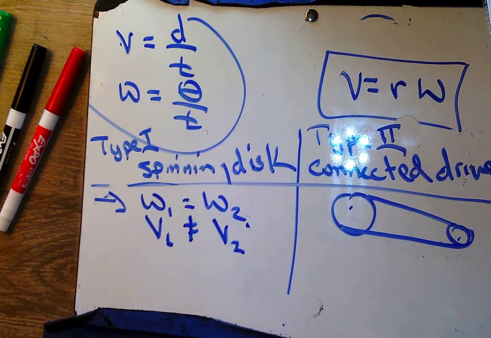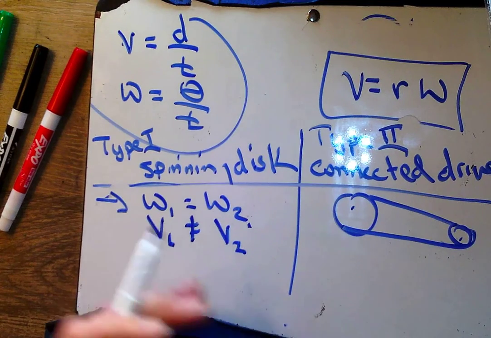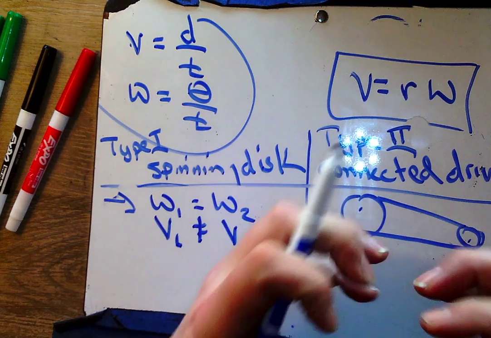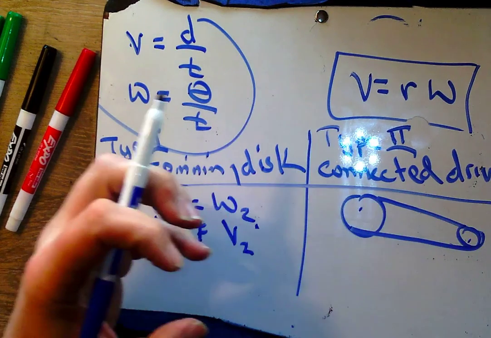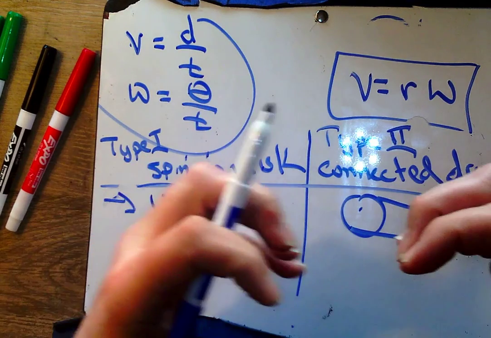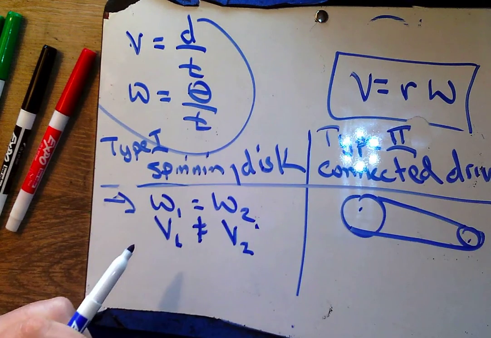Now in this situation, what do we know about the angular velocity? What do we know about the linear velocity? Well, think about when you bike down the street. Like, yeah, there you are, biking down the street. Do the wheels of your bike get further and further apart from each other, or closer and closer together as you bike down the street?